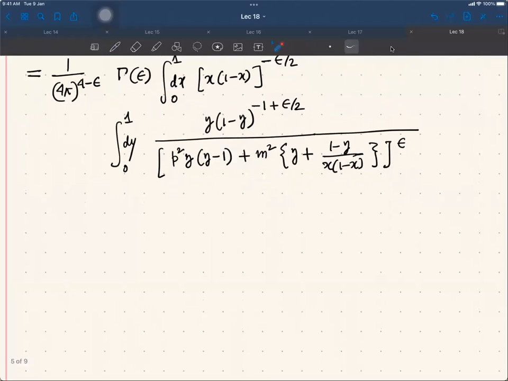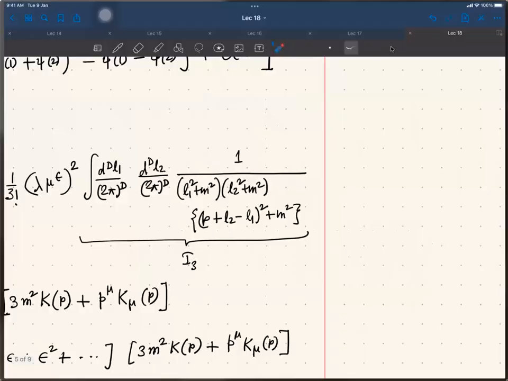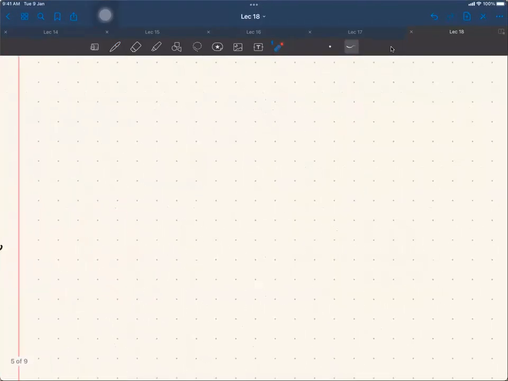However, that's not true for the y integral. When y goes to 1, this portion diverges because it has minus 1 plus epsilon by 2 as the power. So the y integral diverges.